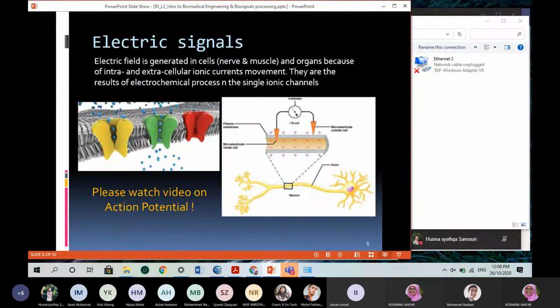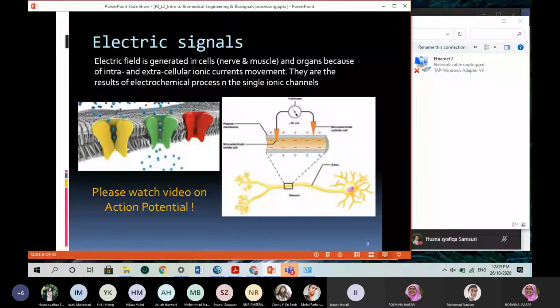The production of an action potential follows the all-or-none principle. All means that it will fire a full impulse only when the threshold is exceeded, and the threshold is negative 50 millivolts.